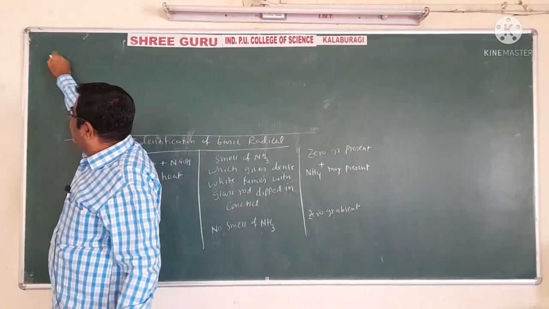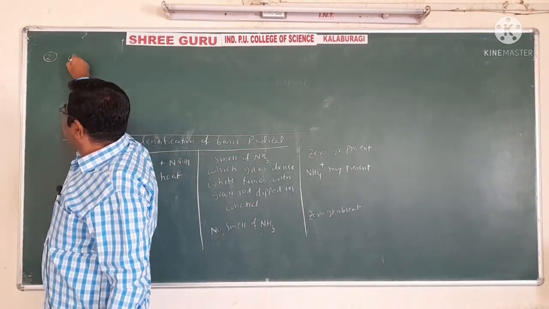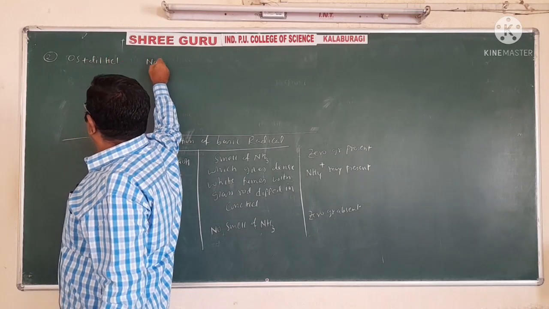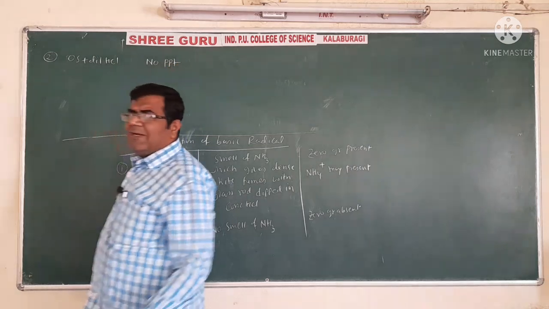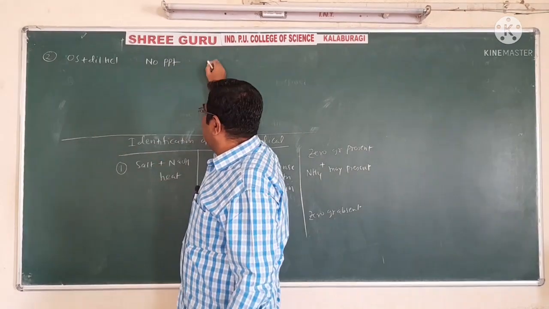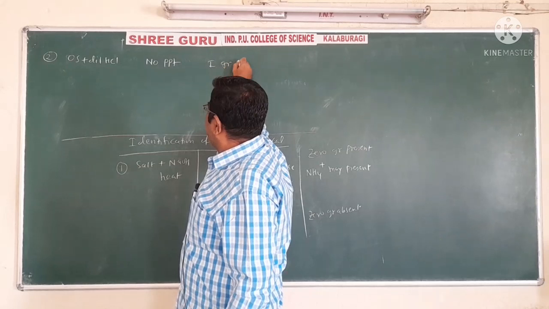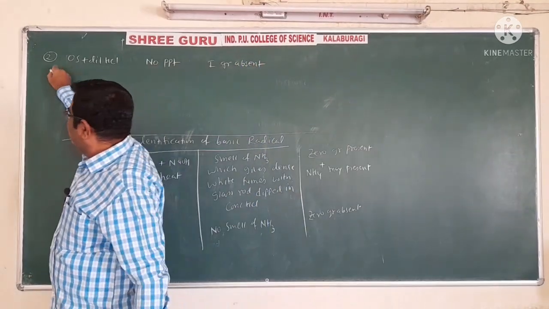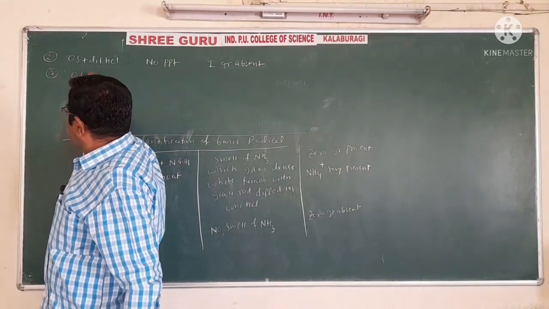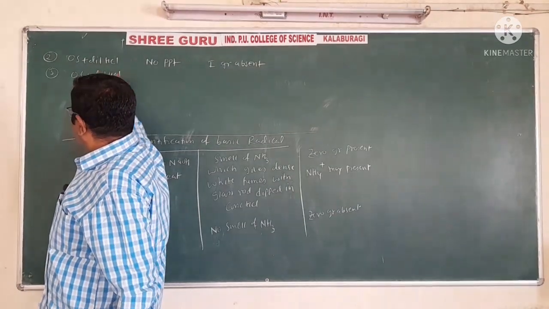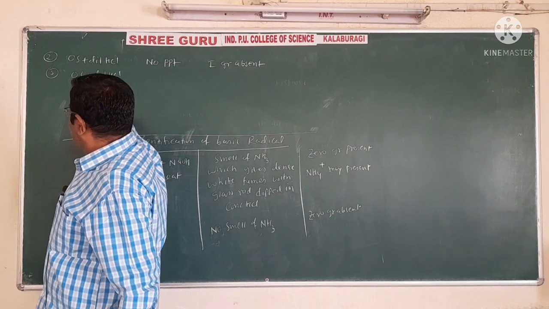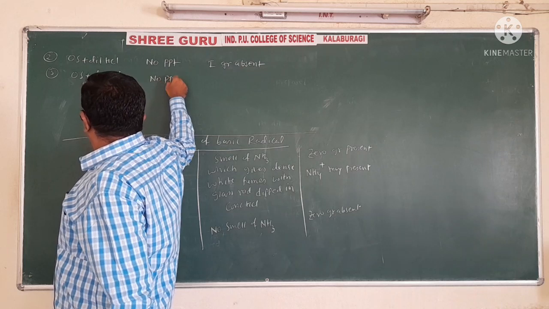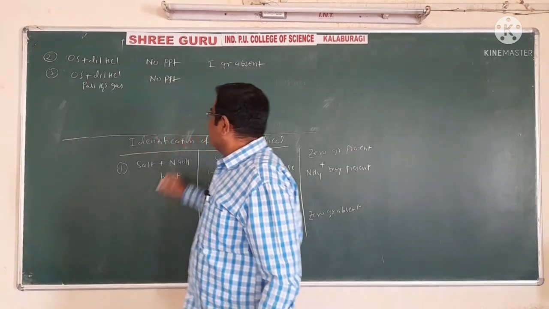In test number 2, we have to write original solution plus dilute HCl, and without performance you can write, but it's not there in our syllabus, no precipitate, and you can write first group absent. In the third one, original solution plus dilute HCl, pass H2S gas, and we have to write no precipitate, because that is also not there in our syllabus.